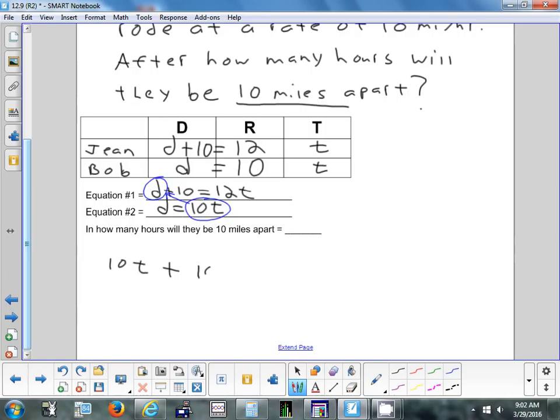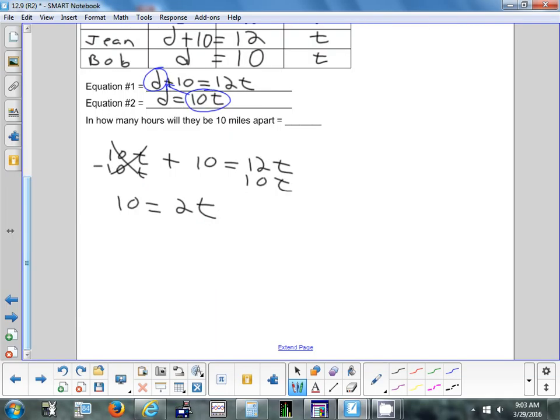10 equals 12t. Okay, next step, how do I move the 10t to the other side? Good. Minus it. Yep, 12t, take away 10t is 2t. And what about my last step? Right.